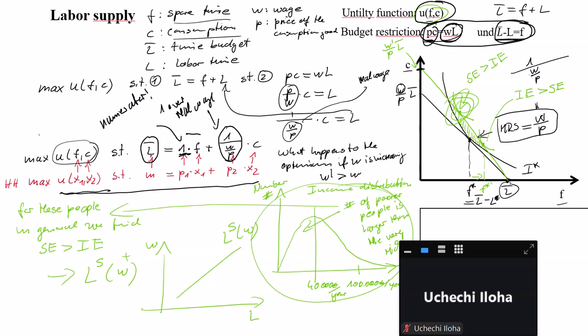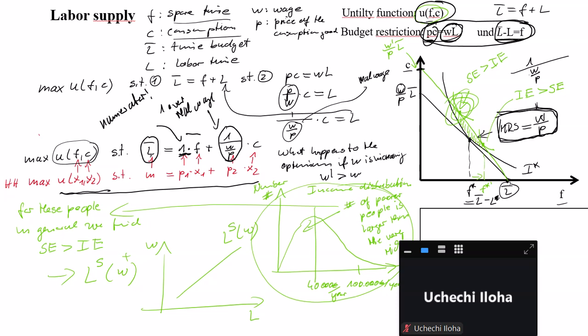Then my condition from the household optimum, marginal rate of substitution equals price ratio P1 over P2, just translates into marginal rate of substitution is 1 over real wage, but 1 over real wage translates into the inverse, so the marginal rate of substitution equals the real wage.